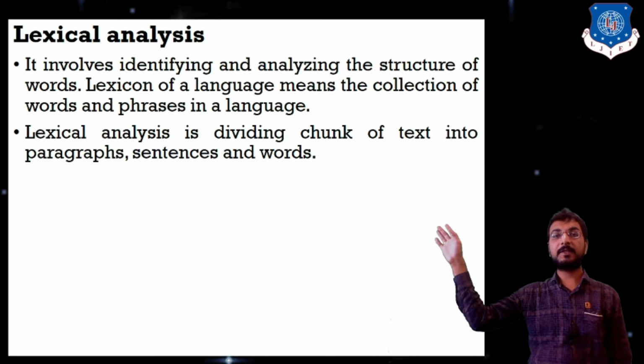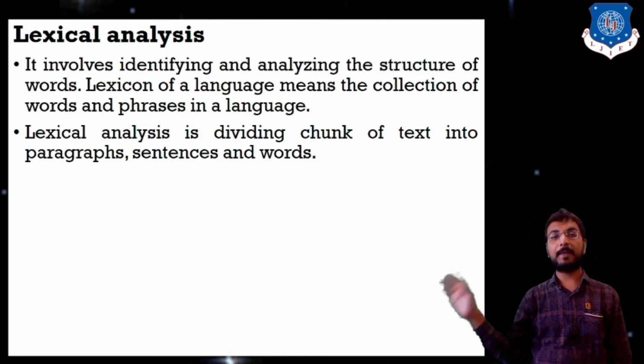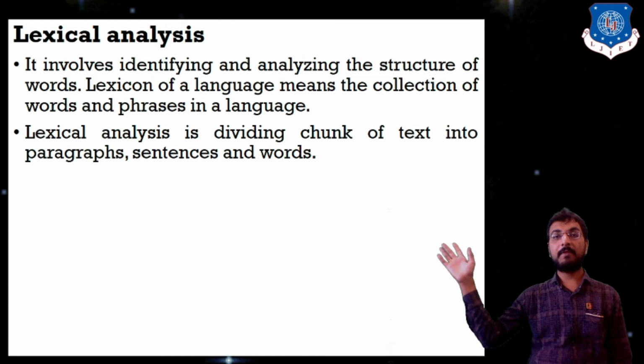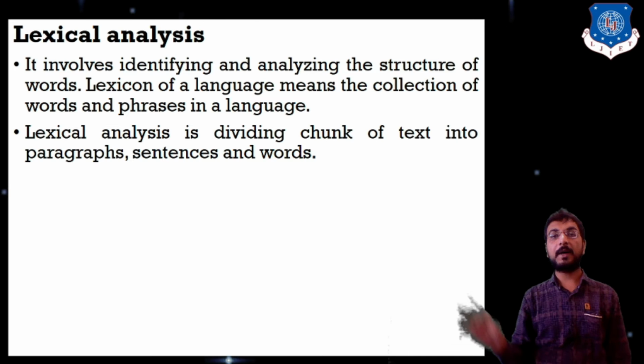Lexical analysis is dividing a chunk of text into paragraphs, sentences and words. So if we are given a set of statements, they form paragraphs, phrases and statements, which are divided into smaller and smaller parts to identify the lexicons.